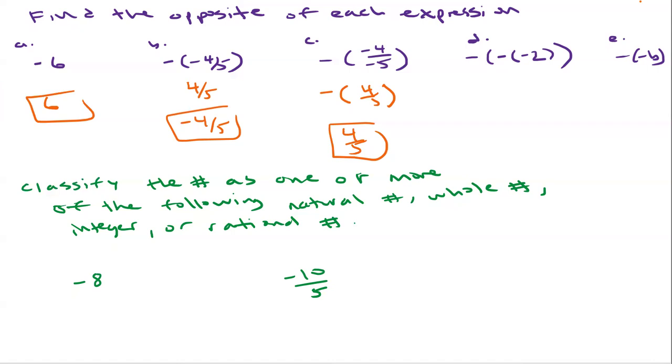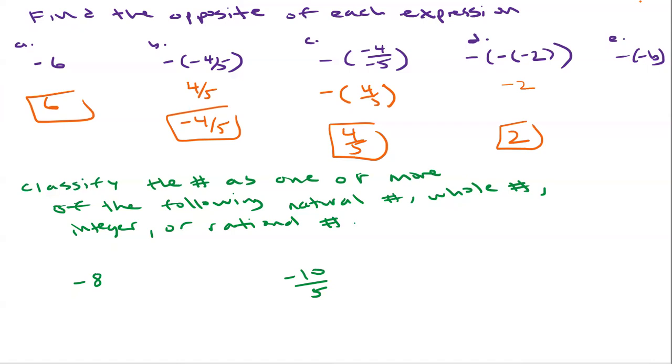Well, negative times a negative is a positive, and then positive times a negative is another negative. So we would get -2, right? But again, we want the opposite of that. So the opposite of that will be a +2. Okay, and that's our answer.